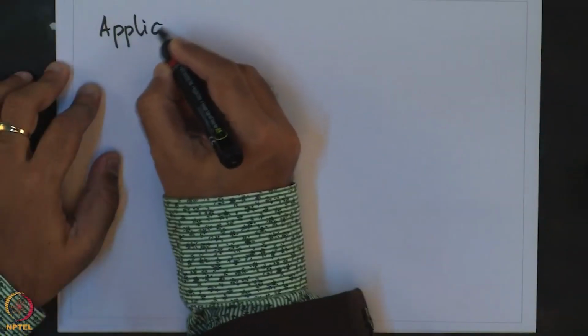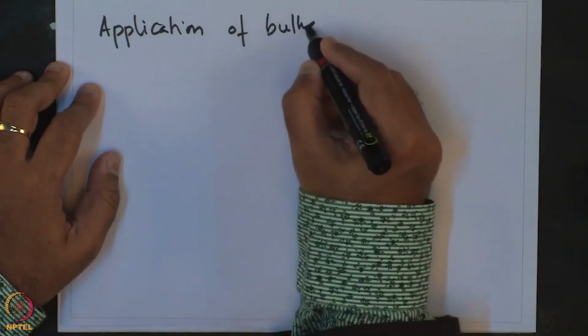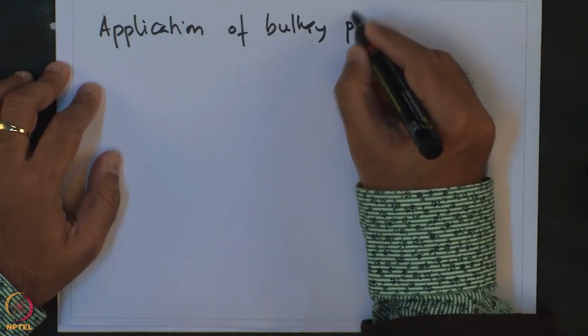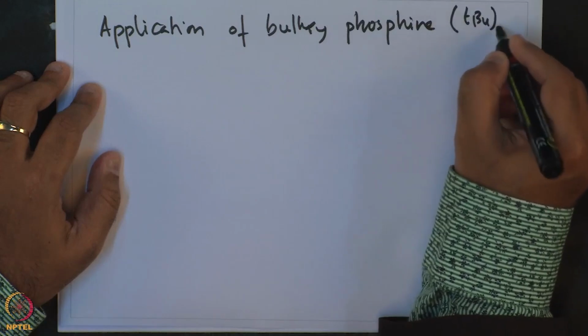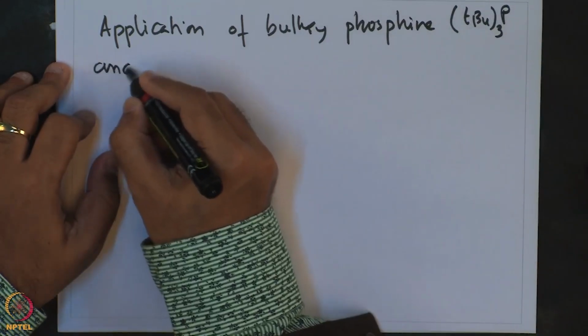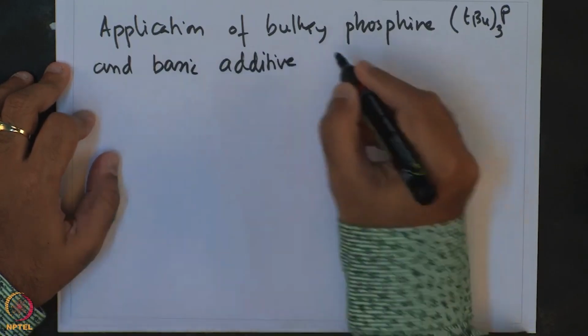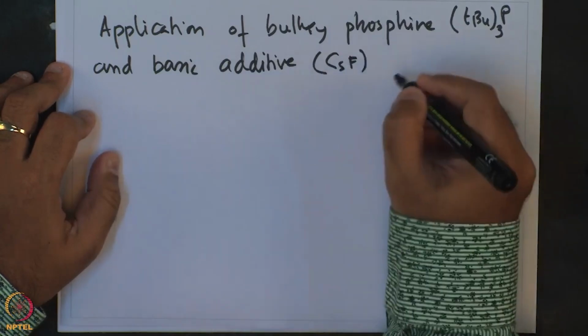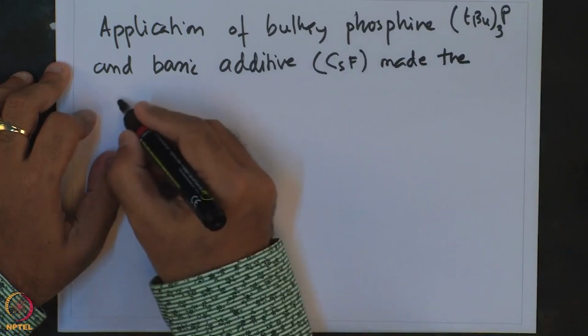So that is exactly what is seen over here, that application of a bulky phosphine like tri-tert-butylphosphine, P(t-Bu)3, and a basic additive, cesium fluoride, made the cross-coupling of aryl chlorides possible.